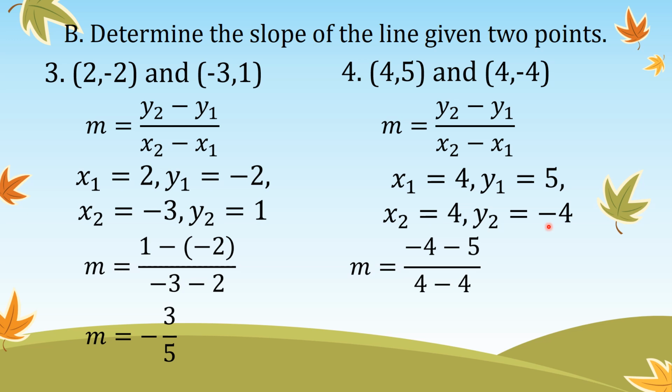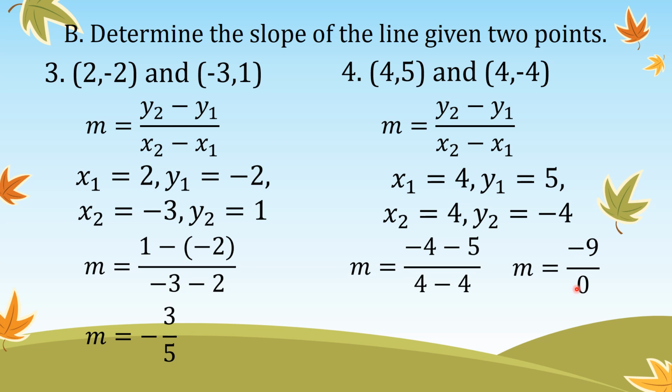Substitute natin to sa ating formula. So, meron tayong negative 4 minus 5 all over 4 minus 4. Simplifying, so meron tayong negative 4 minus 5, it is equal to negative 9. And 4 minus 4, it is equal to 0. And negative 9 over 0 is undefined.